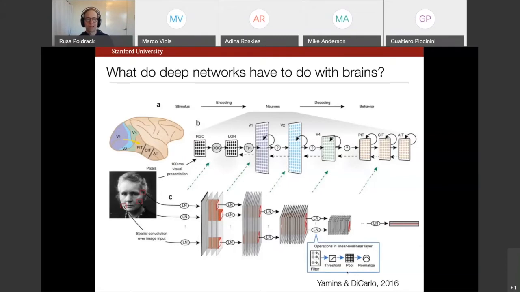So this work, and lots of work like it by others, like Nikolaus Kriegeskorte, has really established this kind of isomorphism between the function, the patterns of activity and the so-called representations developed by these artificial neural network models, and those that we actually see in the primate visual system.